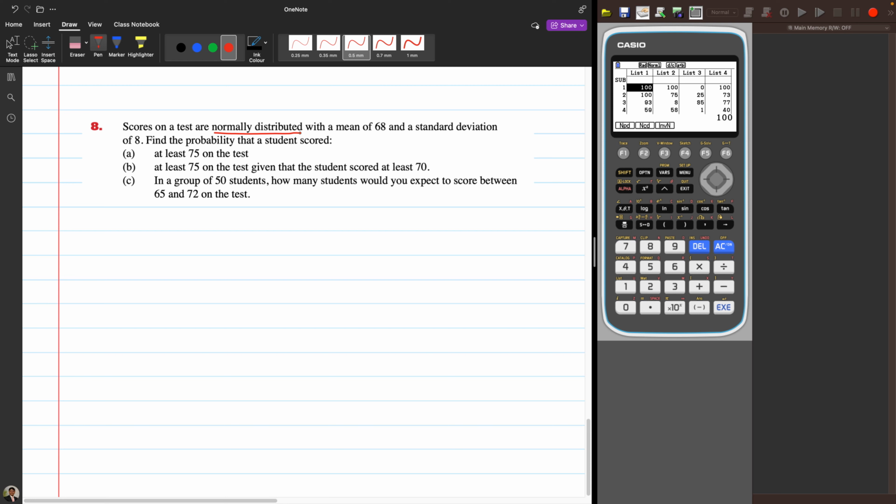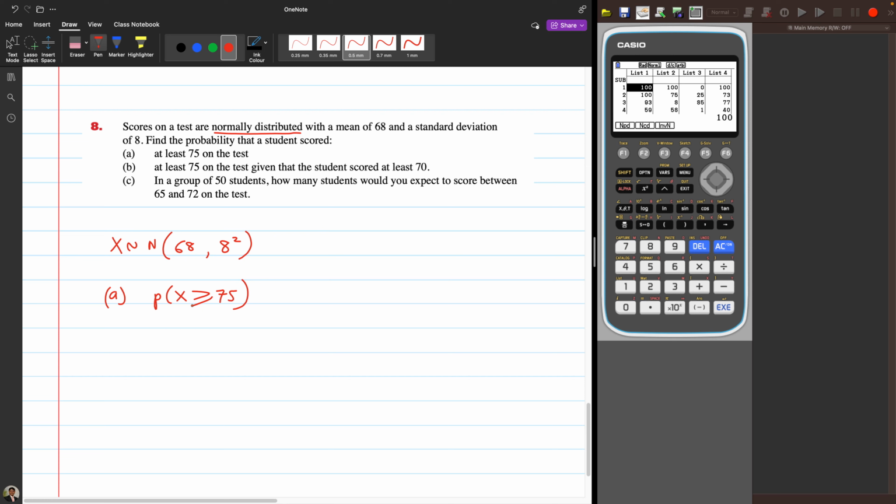Your x is a score, follows a normal distribution with mean 68 and variance 8 squared. If you write in this symbol, you write variance. Find the probability that a student scored at least 75 on the test. So the probability that x is greater than or equal to 75.